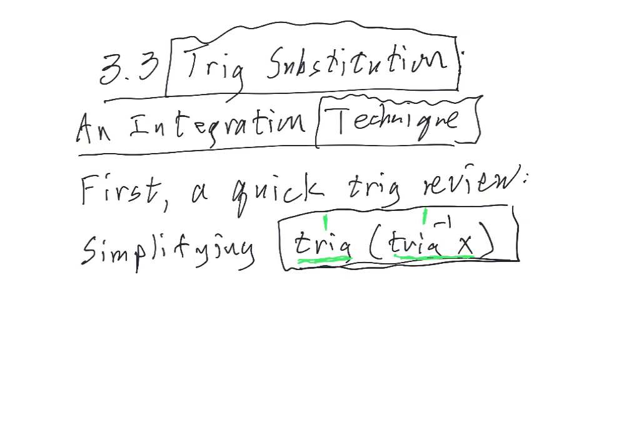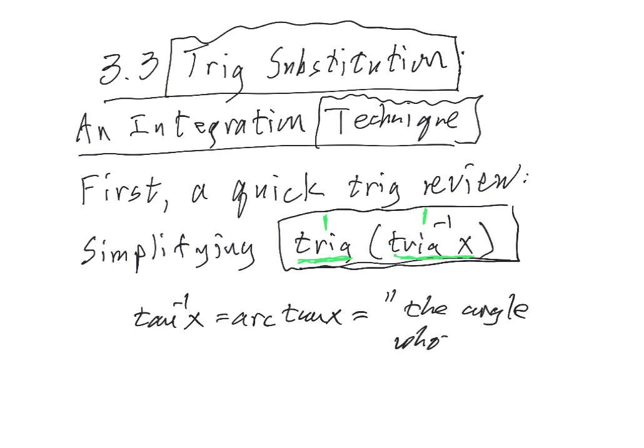I'll pick on the tangent just randomly. The inverse tangent of x, or if you prefer, the arctangent, equals the angle whose tangent is x.